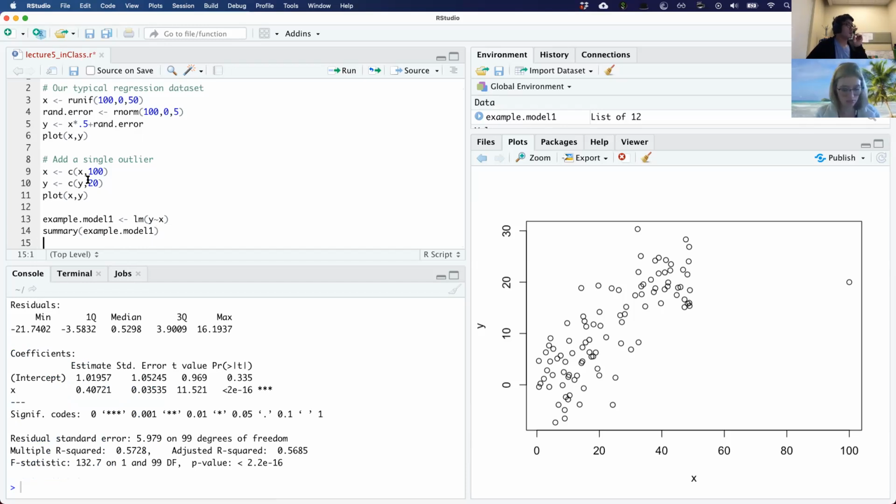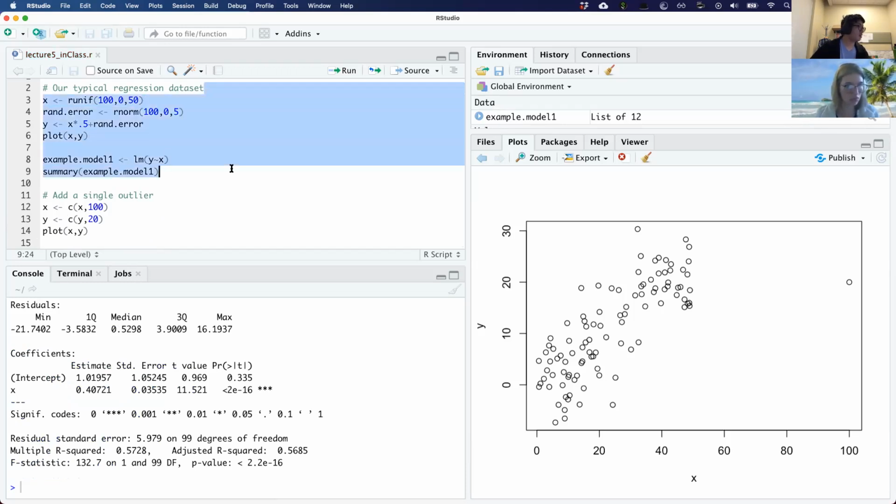So I'm actually going to make this example model 2 so that we can see what it looks like here before we add the outlier. I'm going to have to rerun everything.